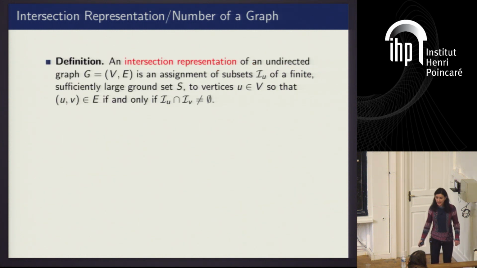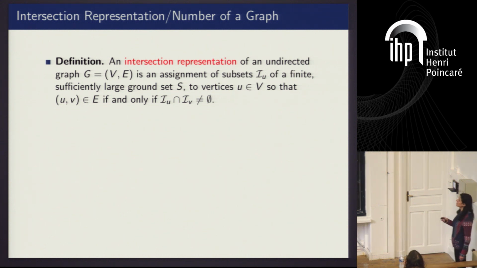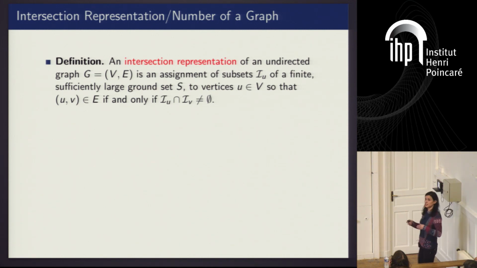So here is now a proper definition of the question that we are after. The proper definition says that when we have a graph topology, we are given connections between vertices in a graph, edges basically. We want to find an intersection representation, which is basically an assignment of a subset of features to every vertex in the graph, where we take features from a sufficiently large ground set.